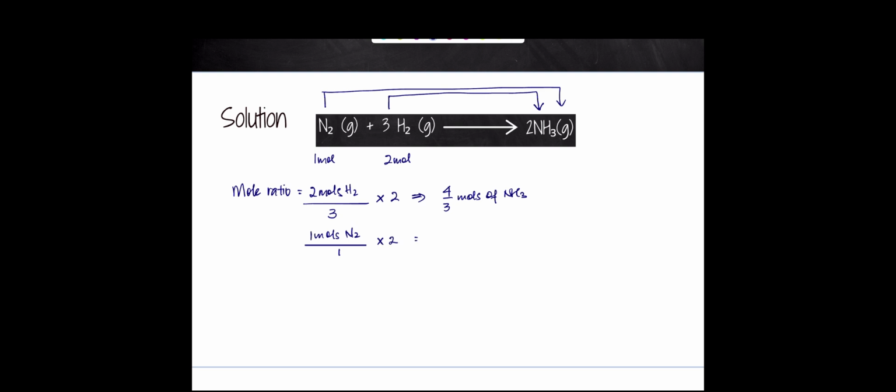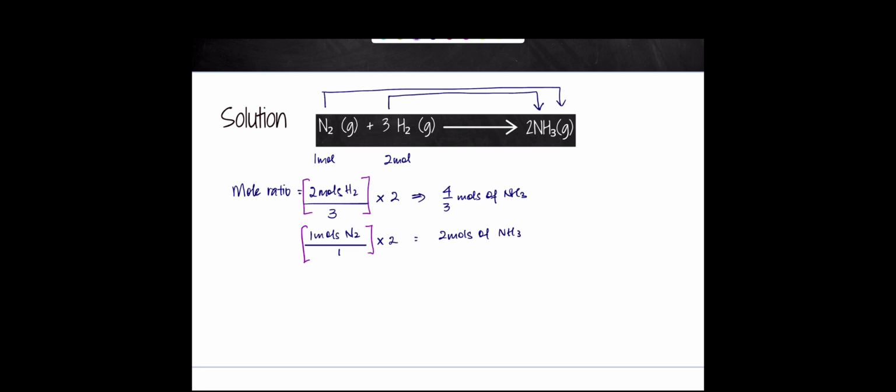And what do I get? I get 2 moles of ammonia. Now the mole ratio step can be done just by this step. You need not include the coefficient of the desired, or you can go full, meaning you can proceed to calculate the moles of your desired.